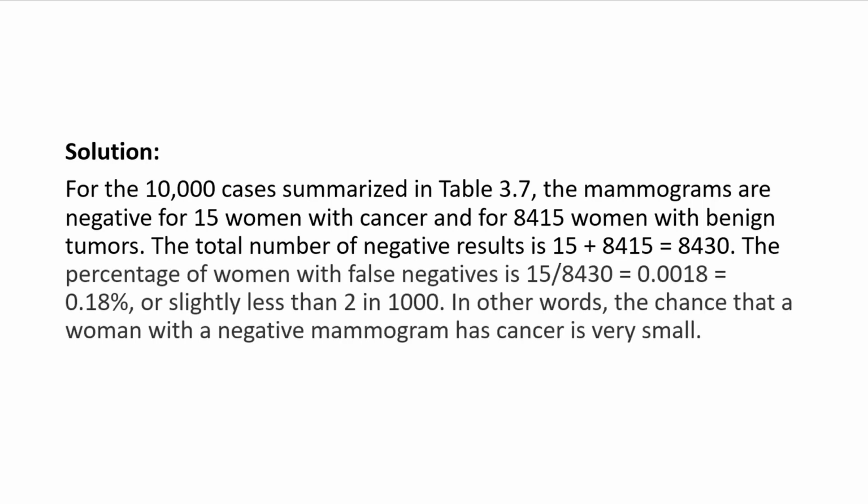The percentage of women with false negatives is 15 divided by 8,430, or, computed in your calculator, 0.0018. Converting that decimal to a percentage gives 0.18%, or slightly less than 2 in 1,000. In other words, the chance that a woman with a negative mammogram has cancer is very small.